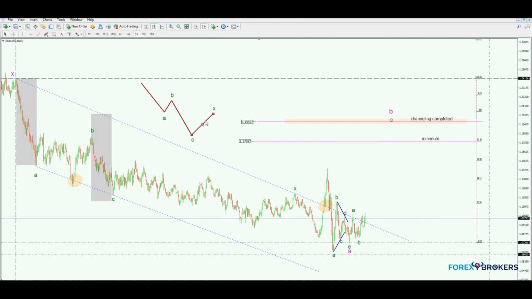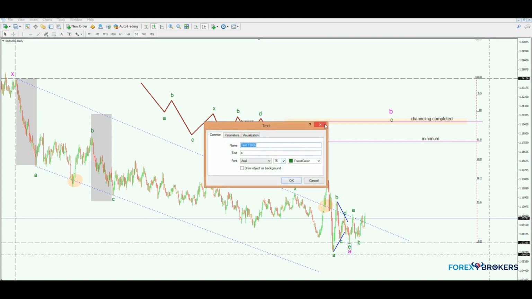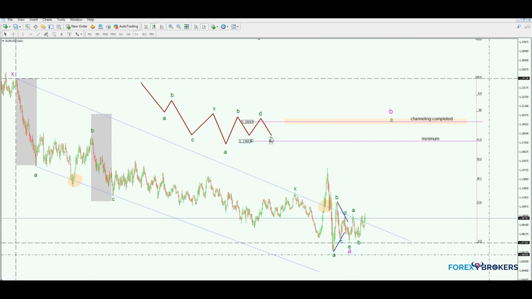So the pattern goes here something like A, B, C, D, E, and that would be the end of the triangular pattern. If we apply then the labeling A, B, C, like this, then we take the D wave and the E wave, so A, B, C, D, E.